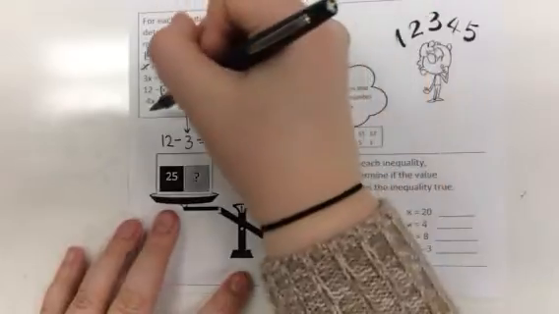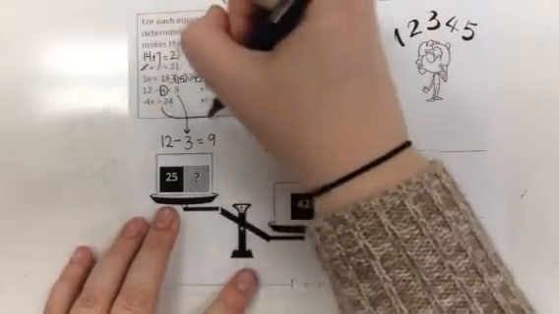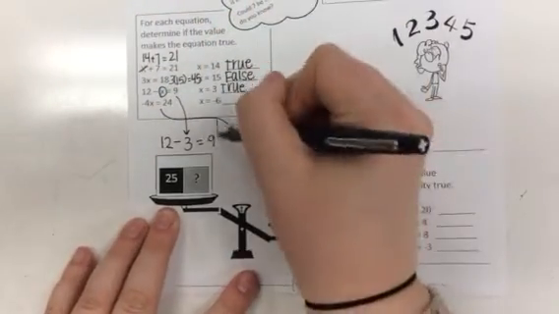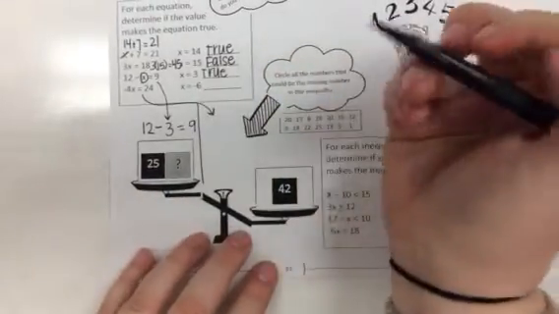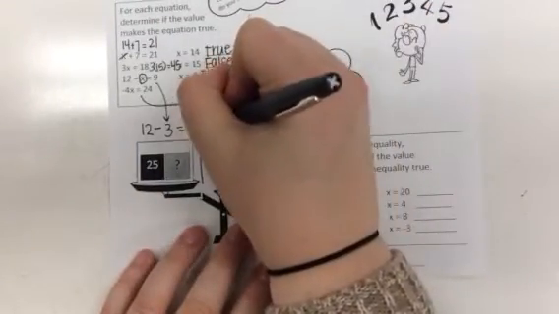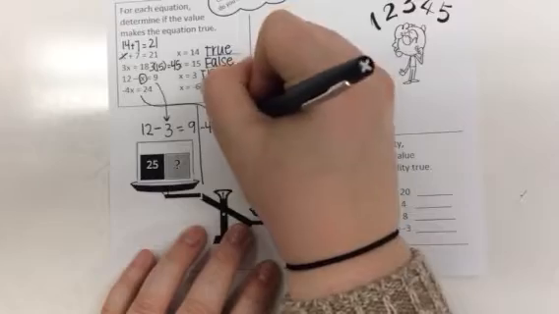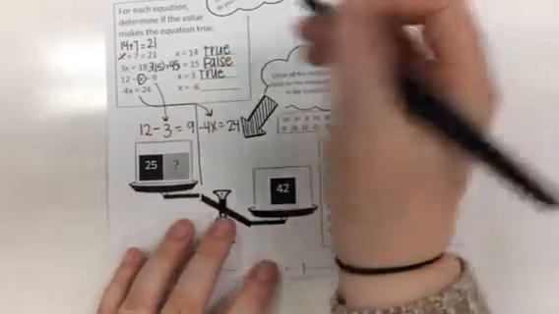Same for this problem. I have a negative 4x equals a positive 24.